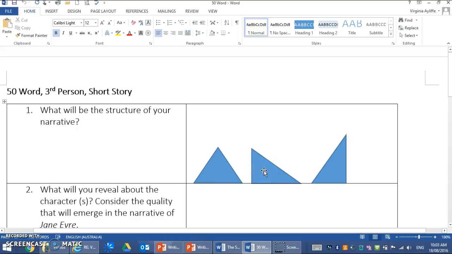This type of short story structure is where you start with the climax. So you often find stories that are about crimes being solved begin in this way. So we start with the crime scene and then we have the investigators solve that crime to its resolution.